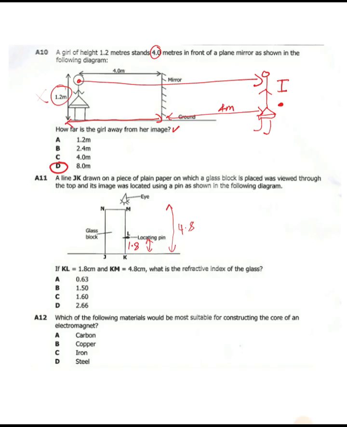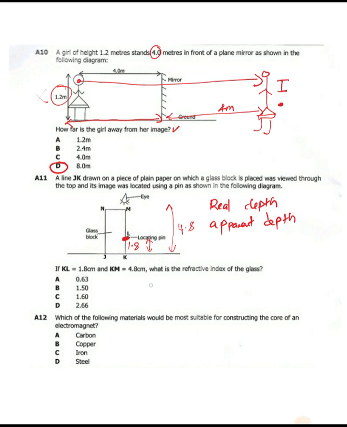So we have what we call the real depth and the apparent depth. So the real depth is the actual depth of the pin, because the pin is here, all right? Then you have the apparent depth, which is the depth at which you are viewing it from. Now the real depth is usually the longest.